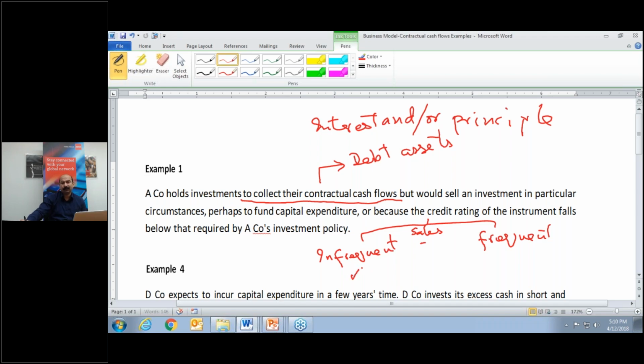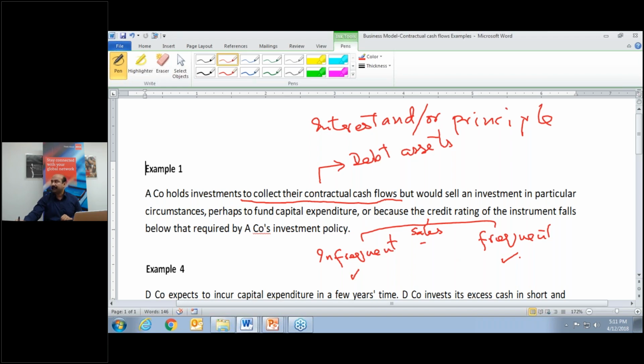Some sales would not contradict that objective. That objective will be considered as remaining intact, that the objective of the company is to collect the contractual cash flows. But if sales become frequent, then a company might be required to reconsider whether the sales were consistent with an objective of collecting contractual cash flows.